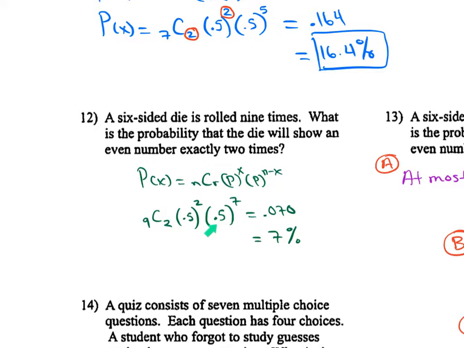And then 0.5 is also the failure probability, and that would happen 7 times. And again, the 2 and the 7 together add up to the 9 total rolls. All right, put all this in the calculator, and you get 0.070, which is 7%.